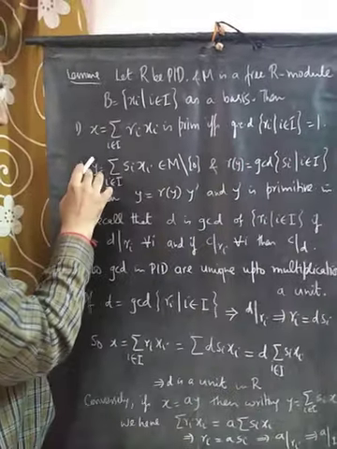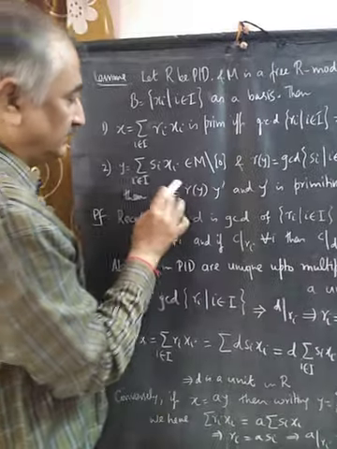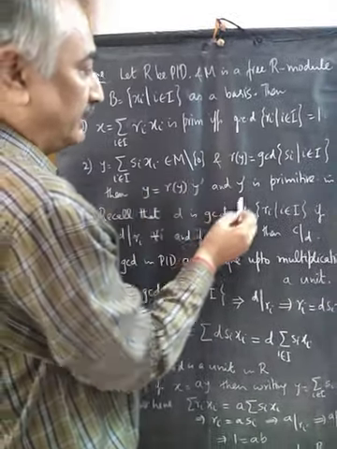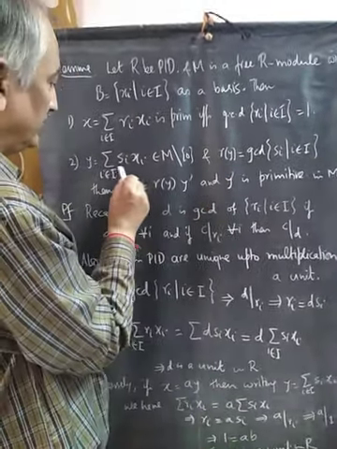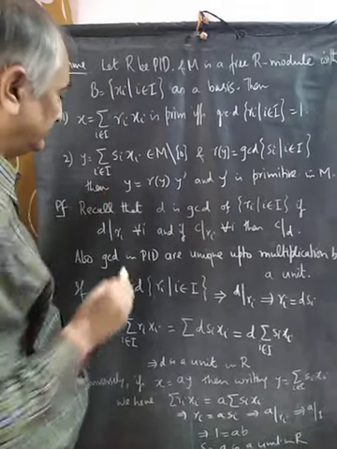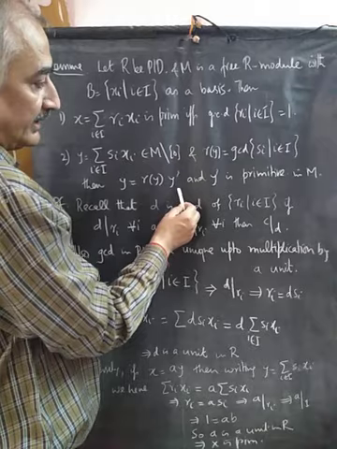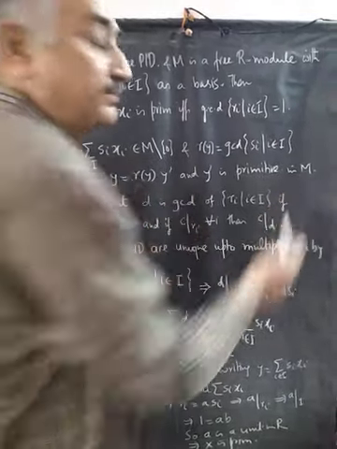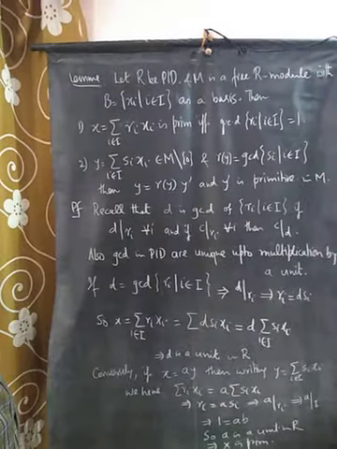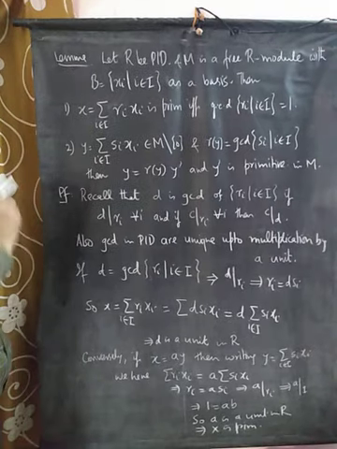And two, if y equal to summation s_i x_i is a non-zero element and r_y is the GCD of these s_i's, then I can write y as r_y times y dash, and this y dash becomes primitive in M. So look at the proof.